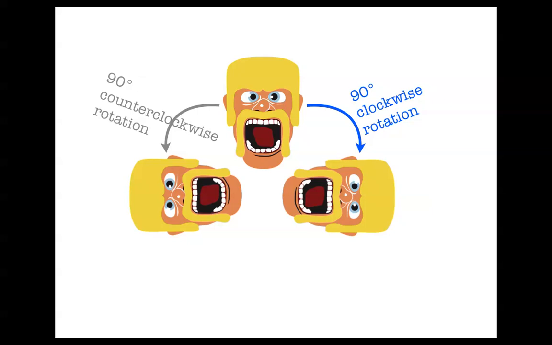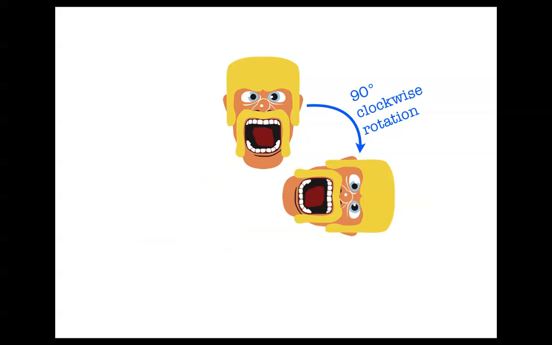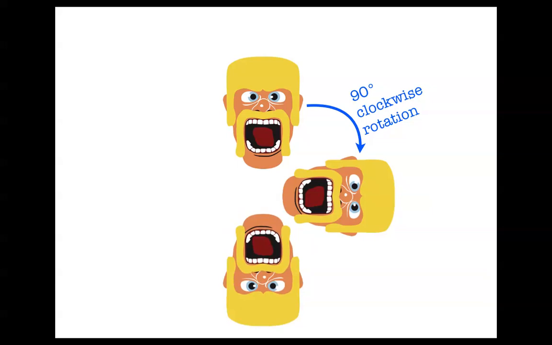Okay, each one of those is like a quarter of a turn because 90 degrees is like a quarter of a turn. Could you do a full turn 180 degrees? Yeah, that would be a 180-degree rotation. By the way, if you go 180 degrees, it doesn't really matter if you go clockwise or counterclockwise because you'll end up in the same spot.